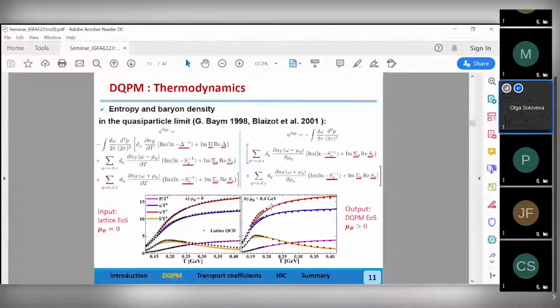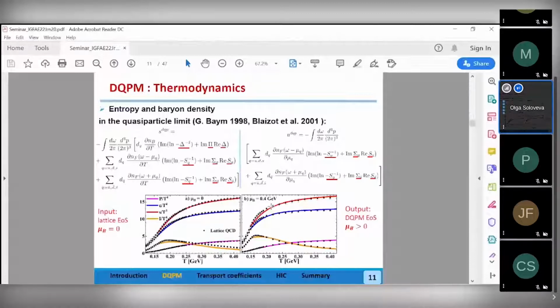The key ingredients for quasi-particles are masses, widths, and couplings, which can be fixed using the lattice entropy density. When we have fixed our parameters, masses, widths, and coupling constant, we can extract spectral functions.